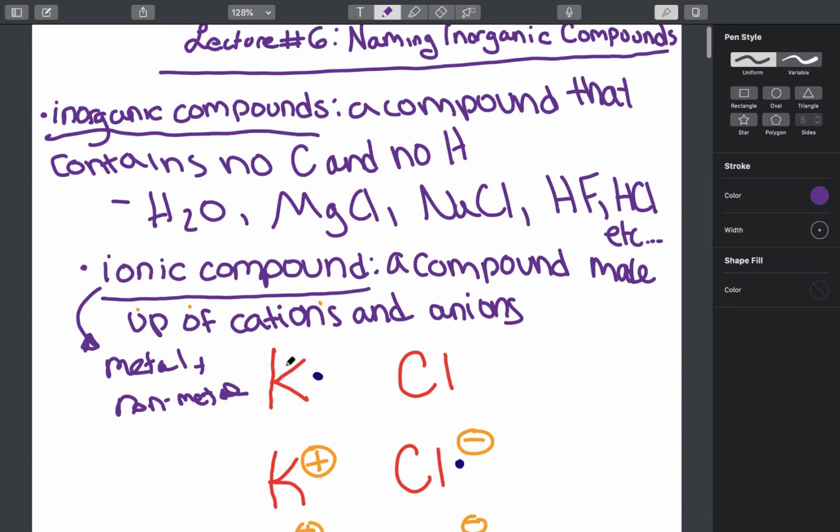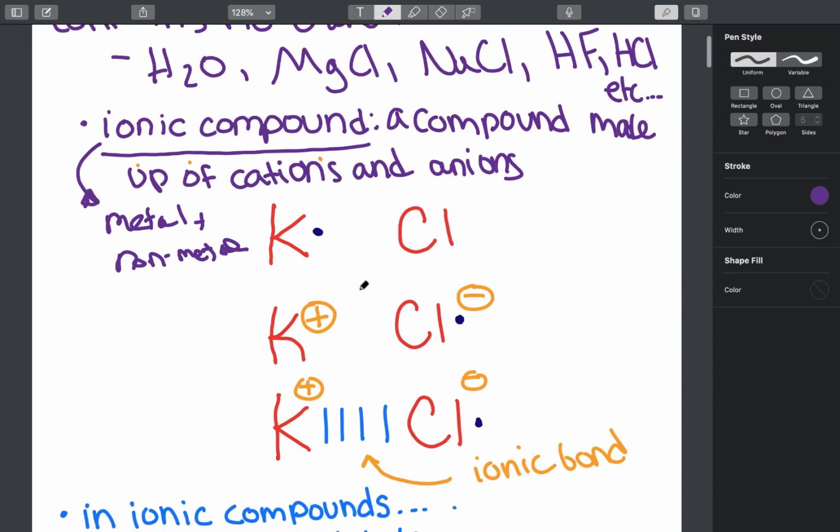Here in this figure we have a very similar figure to the one we had in lecture 5. Here we have a potassium atom and a chlorine atom.